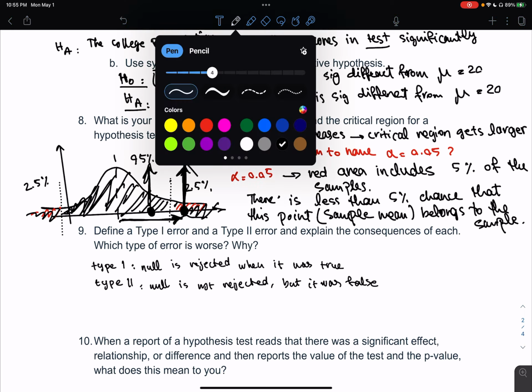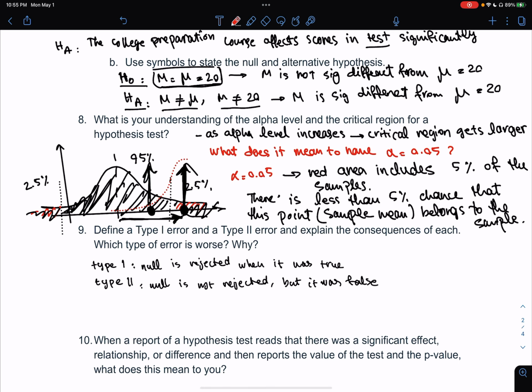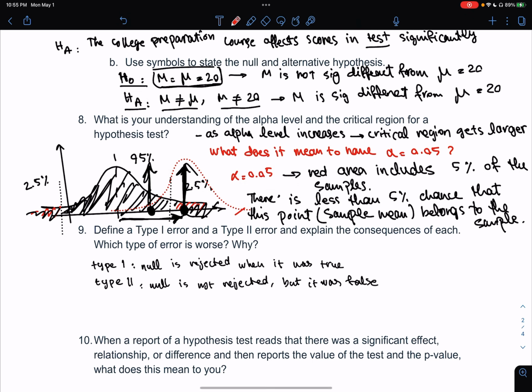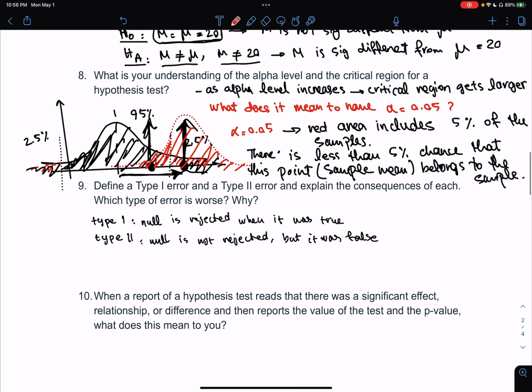There might be another hypothetical distribution like this, which would be the distribution of the treatment population, that this point belongs to. Hopefully this was clear. Let me know if you have questions on this. I know this is a complicated subject.